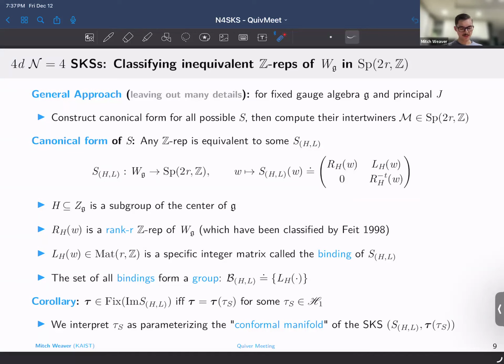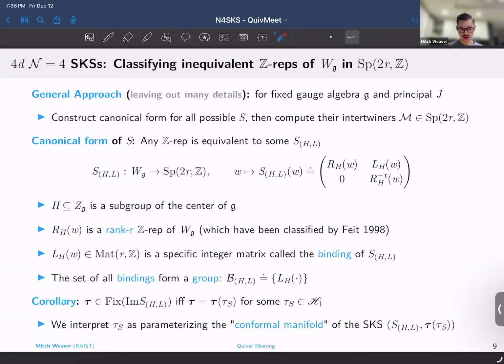These canonical form Z-reps are labeled by two pieces of data, the first of which is this H, where H here is a subgroup of the center of G. And correspondingly, we have this R_H, which is a rank R Z-rep of the Weyl group. And I want to emphasize that this is a rank R Z-rep. It's not a rank 2R Z-rep, which is what S is.